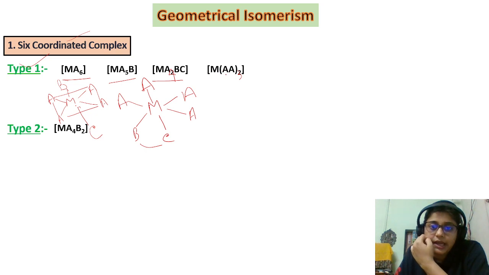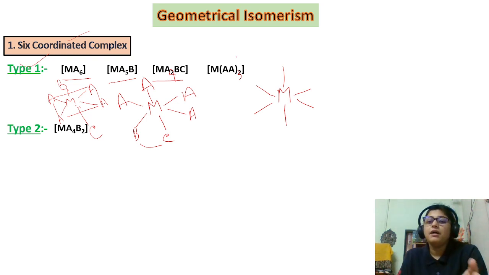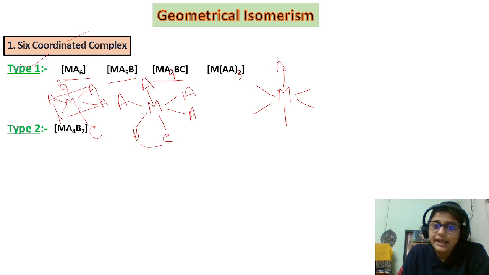Then M(AA)3. This means it is again a bidentate ligand, but here the donating atoms are the same. A and A are connected.